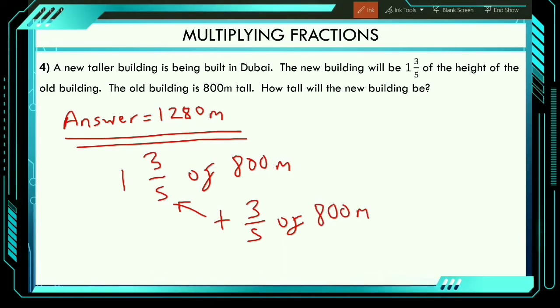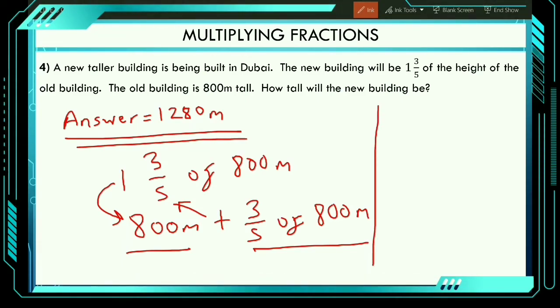So the 1 means 800 meters, that's what the 1 means, plus an additional 3/5 of 800. This would be the total size of the building. So if we know that the 1 means 800 meters, then we can leave the 1 aside and we can calculate 3/5 of 800 and then add it onto 800 to get the final answer.